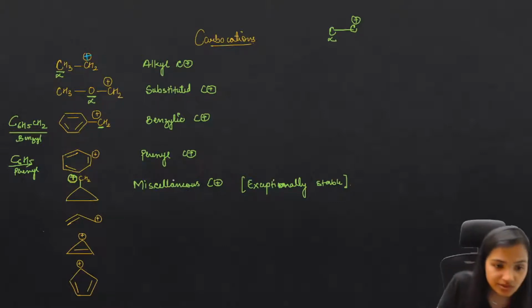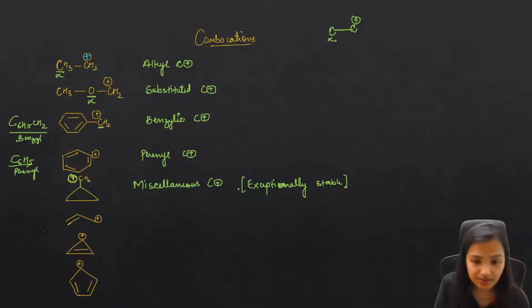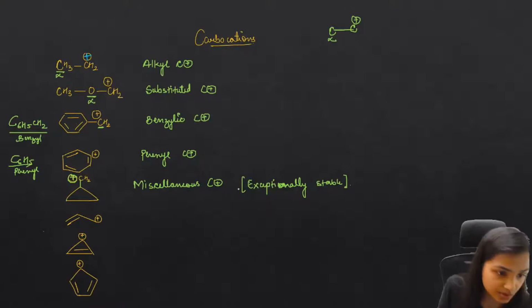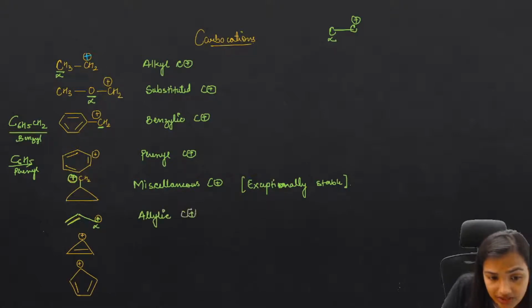Right now, please consider this as an example of the miscellaneous carbocation, an exceptionally stable carbocation, the cyclopropyl methyl carbocation. Now here, whenever we have a pi bond and at the alpha position we have a positive charge, such positions are known as allylic positions. This is then known as an allylic carbocation.